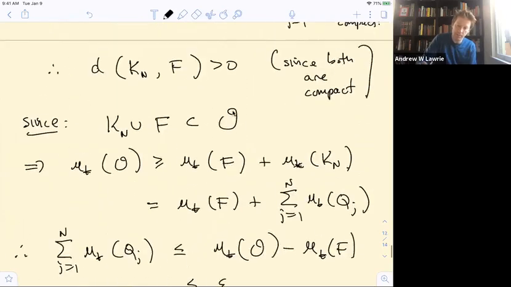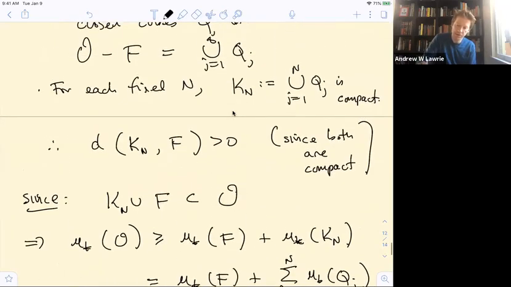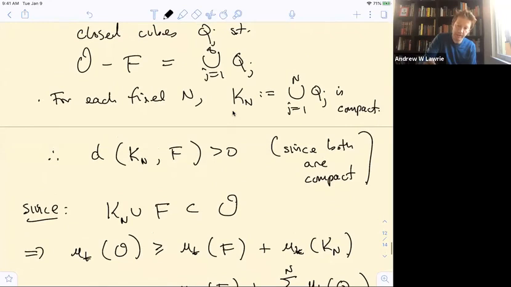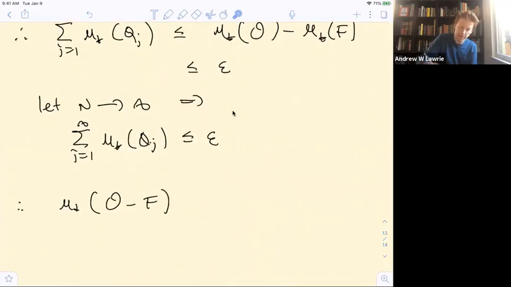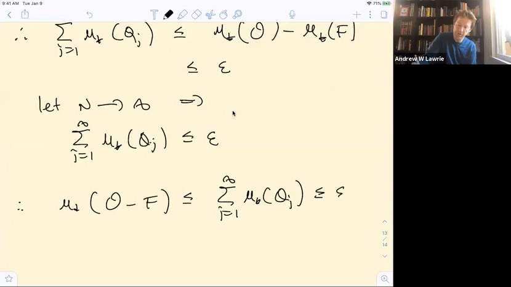Remember what these Kns are, what these Qj's do. This is equal to the set. So then by countable additivity, this is less than or equal to the sum from j equals 1 to infinity, which is less than or equal to epsilon.